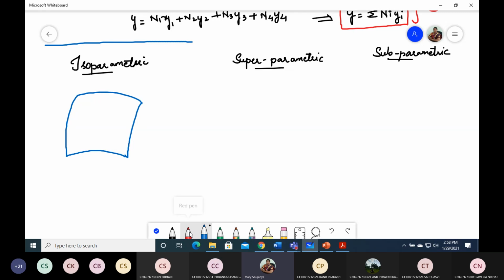For this, I have nodes 1, 2, 3, 4, 5, 6, 7, 8. This is just a representation, okay?